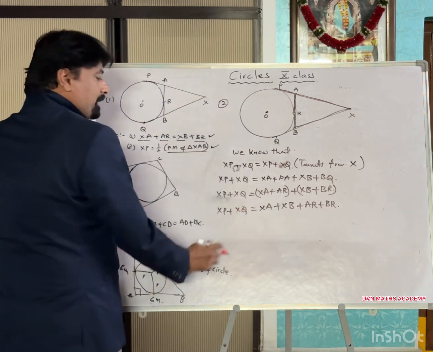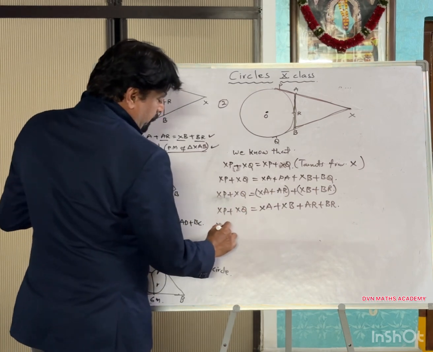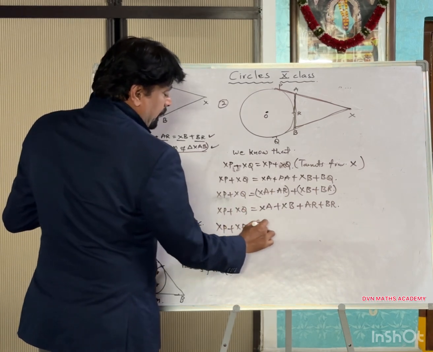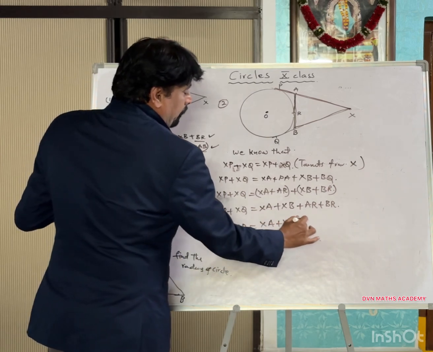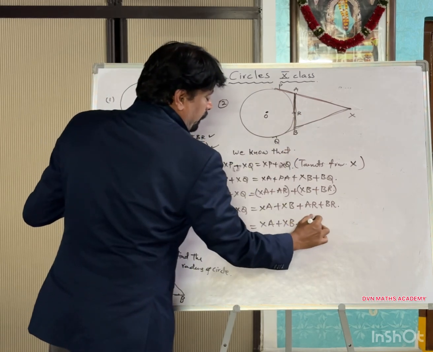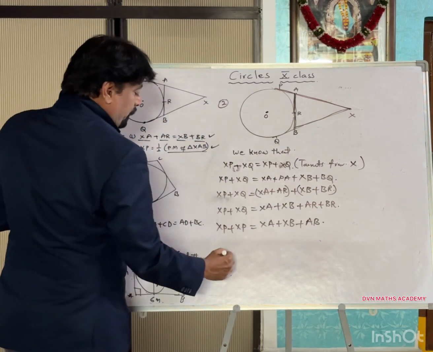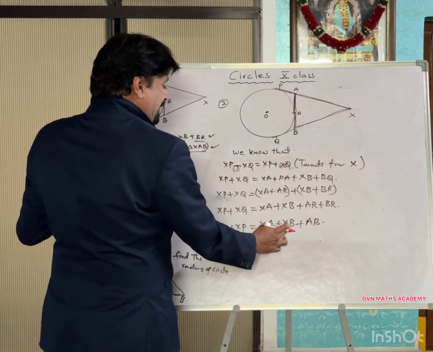We know that XP is equal to XQ. In place of XQ, again I can write XP. XP plus XP is equal to XA plus XB plus AR plus BR. AR plus BR is equal to AB. So 2 into XP is equal to XA plus XB plus AB.